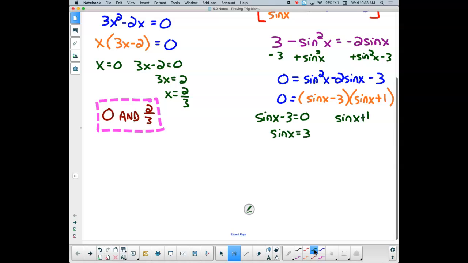Sine of x plus 1 equals 0, so the sine of x equals negative 1. Can sine of x ever be 3? No, so that one is not possible. Can the sine of x ever be negative 1? Where? 3 pi over 2. So my answer here is just 3 pi over 2.